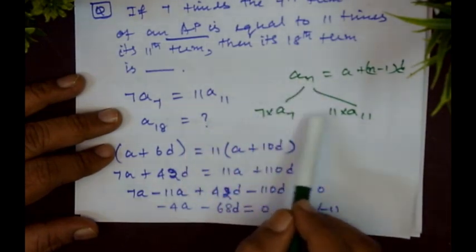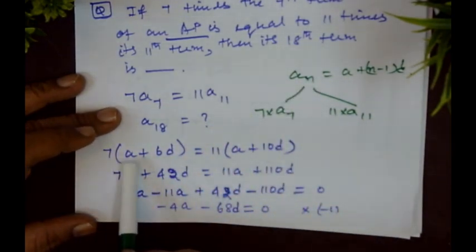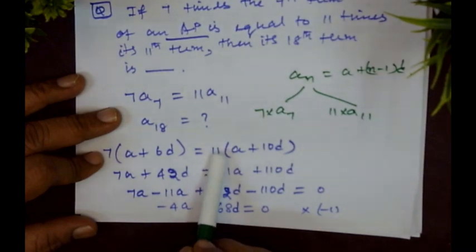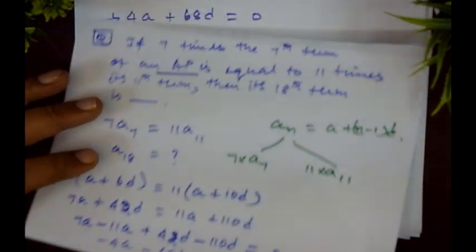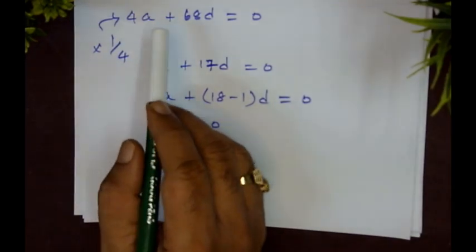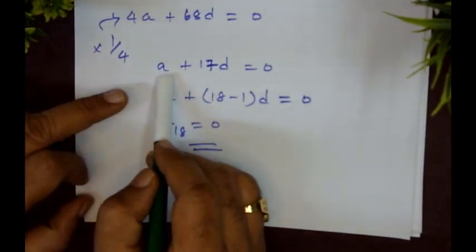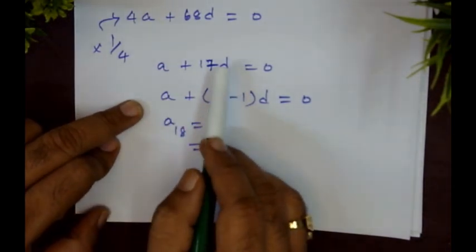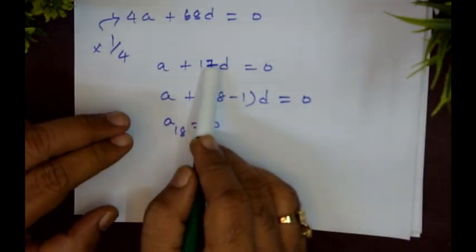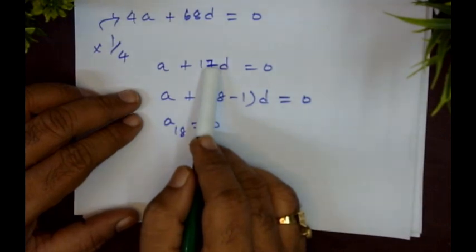So we have to split this. So 7 into a plus 6d, 11 into a plus 10d. Expand it and get it as a positive value. Then you can divide this by 4 because we want to retain a. So a plus 17d, and this can be cleverly written using 18, is it not? 17 is nothing but 18 minus 1.